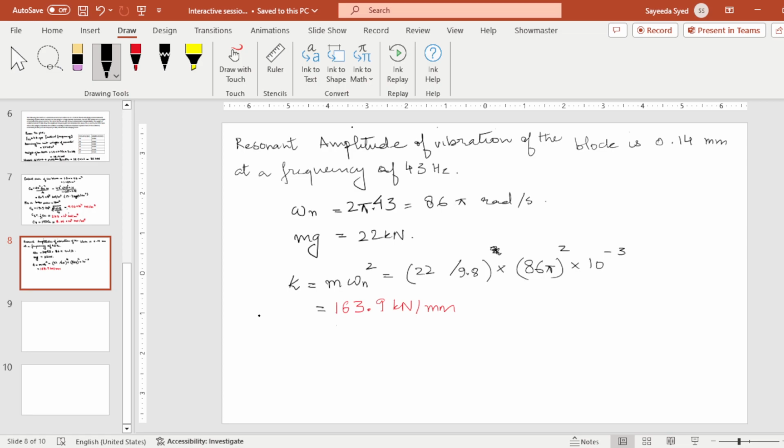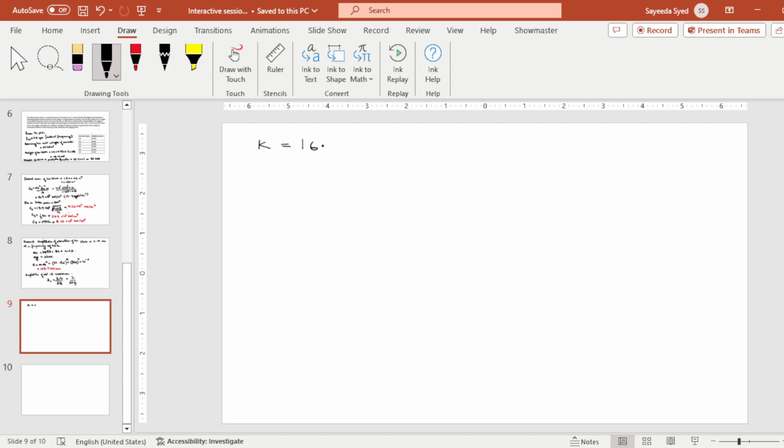So we know the value of K. We know the value of amplitude at resonance. We have to calculate P naught. At resonance frequency, we can calculate as 5 times 43 by 50 square. This comes out to be 3.7 kilonewton. So we will have a damping factor of P naught over twice A times K.